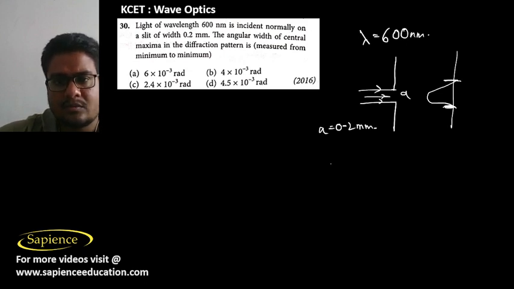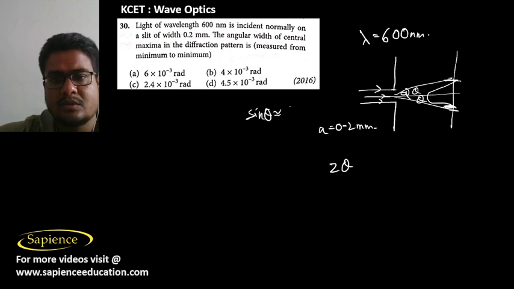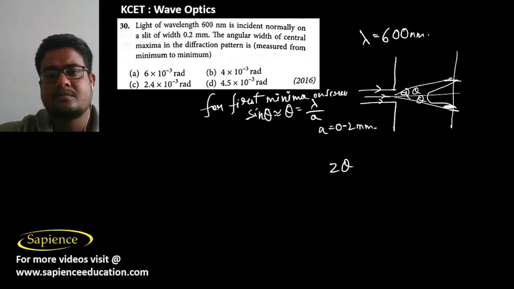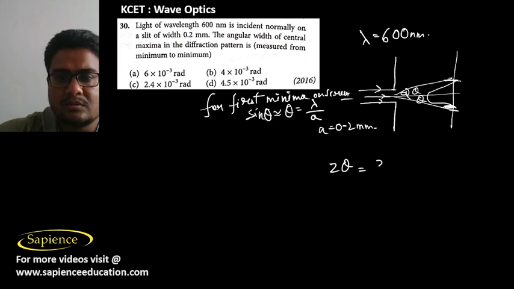So the angular width, that is 2 theta. This is theta, this is theta. So we know that sine theta, which is approximately equal to theta, that is equal to lambda by a for the first minimum on the screen. So therefore 2 theta, that will be 2 lambda by a.